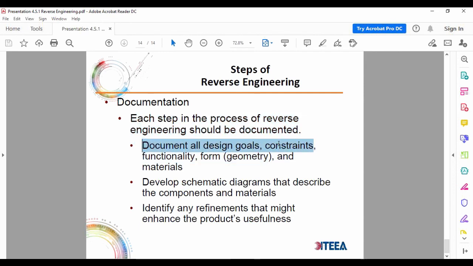Document all design goals, constraints, functionality, form, geometry, and materials. Develop schematic diagrams that describe the components and materials, and then finally identify any refinements that might enhance the product's usefulness. In other words, you don't change anything yet, but point out some areas that you think you can make it better.